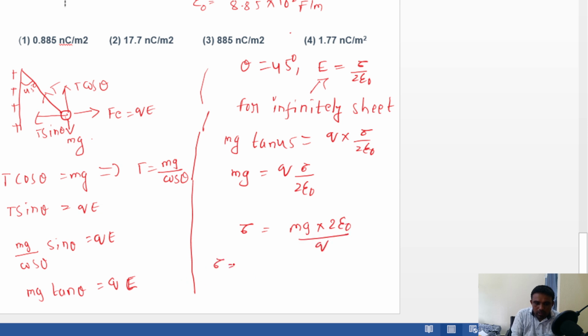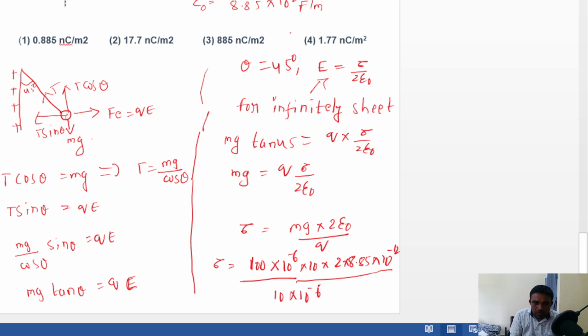So sigma is equal to: m, the mass, is 100 into 10 to the power of minus 6, into g is 10, into 2, into epsilon naught 8.85 into 10 to the power of minus 12, divided by Q. The charge Q is plus 10 microcoulombs, so 10 into 10 to the power of minus 6.